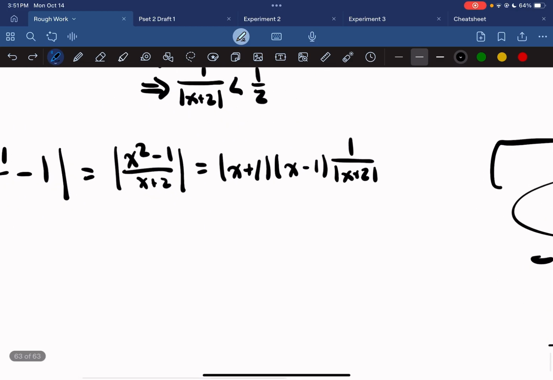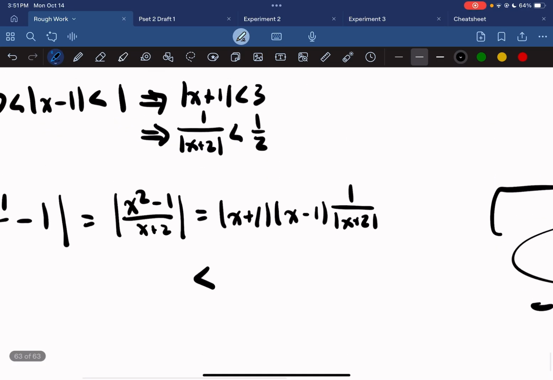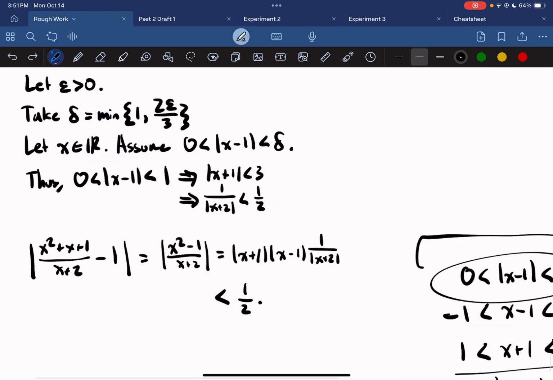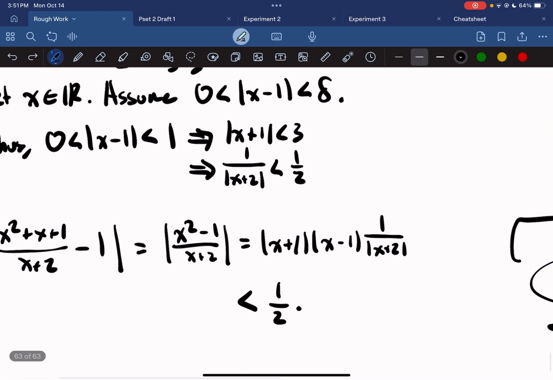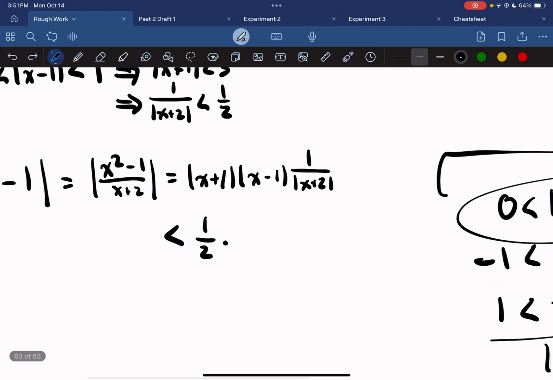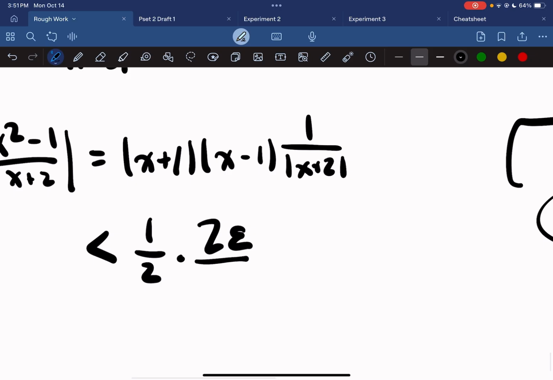So we know this is less than, right? That's less than 1/2. And we know this is less than our delta, and we can choose any delta here. Like we can choose either 1 or 2 epsilon over 3, and obviously we can only get to our answer if we choose 2 epsilon over 3. So let's put 2 epsilon over 3.